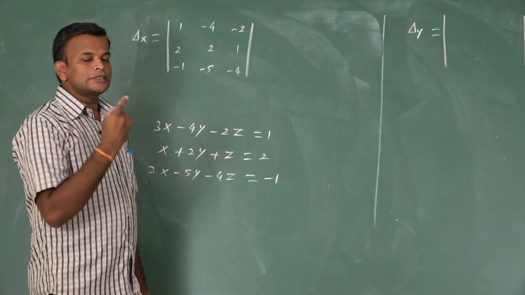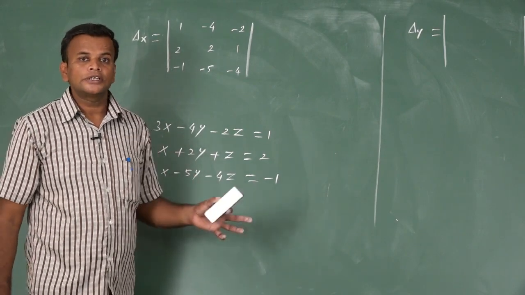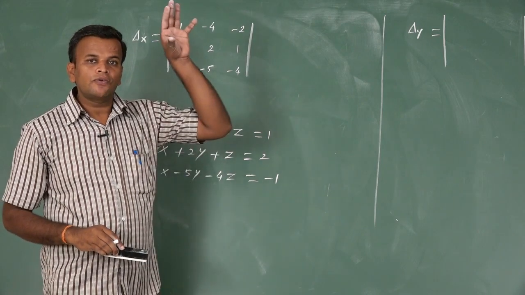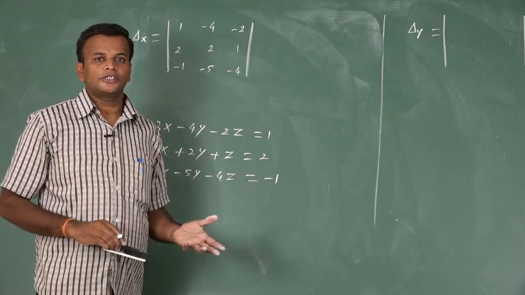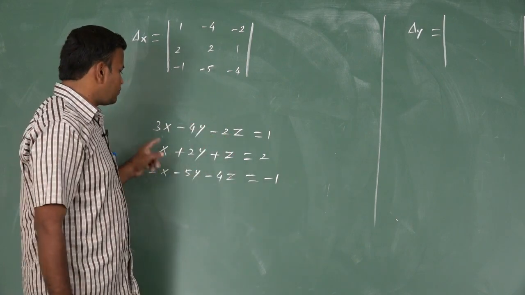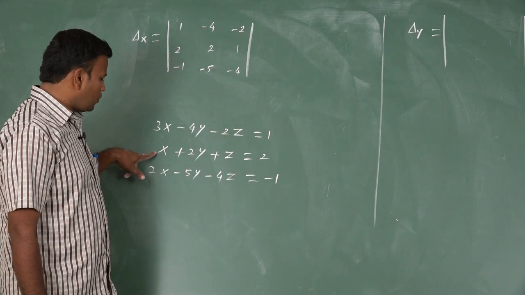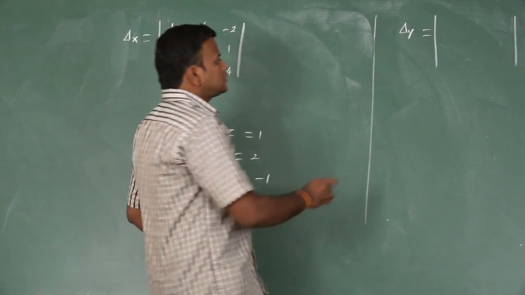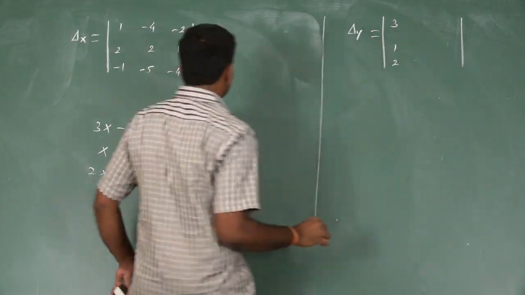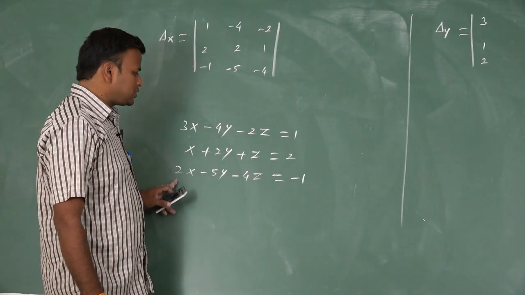After we find del x, next we find the value of del y. It is also del capital Y. So del y means we remove the coefficient of y column and we enter the RHS value. The coefficient of x column has no change: 3, 1, 2. I write coefficient of x column as it is.